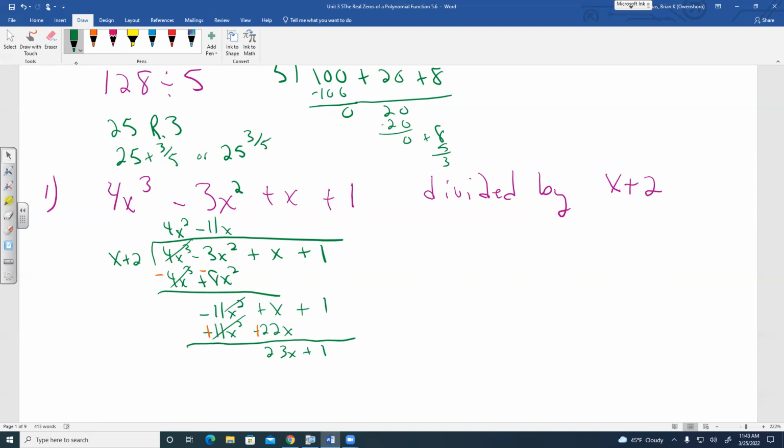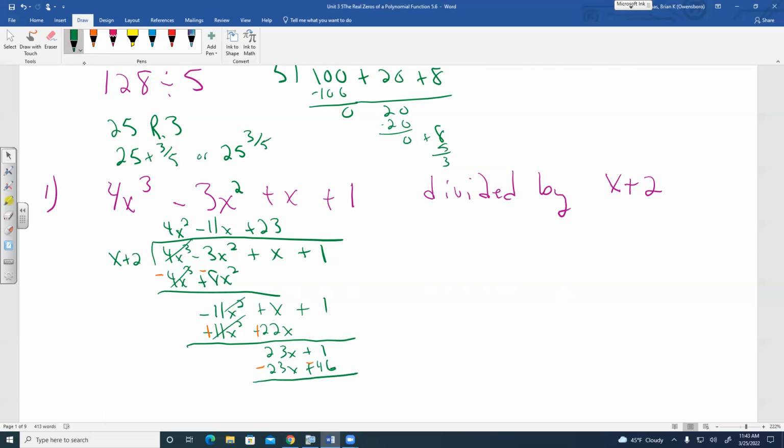And then x times what gets me this 23x? Looks like I just need a positive 23. 23 times my divisor: 23 times x is 23x, and 23 times 2 would be 46. So again, when I subtract, I want to change the signs and actually add.